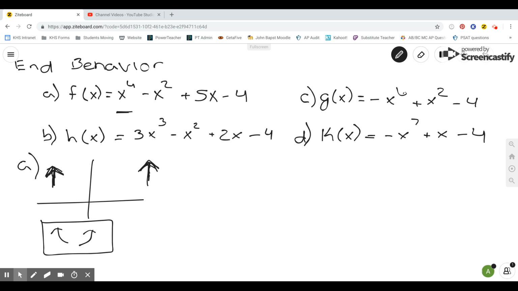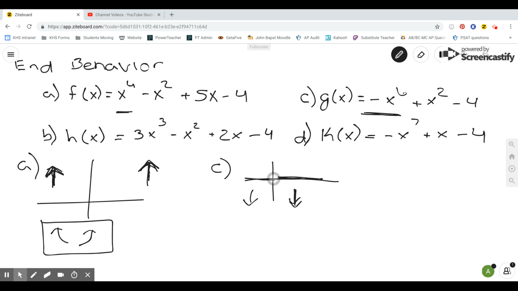Now take a look at letter C. We have a negative x to the sixth as our leading term. So think about negative x squared. What would happen with negative x squared? Well, it would still be that same U shape, but flipped upside down. So as x goes to infinity, your y goes to negative infinity.